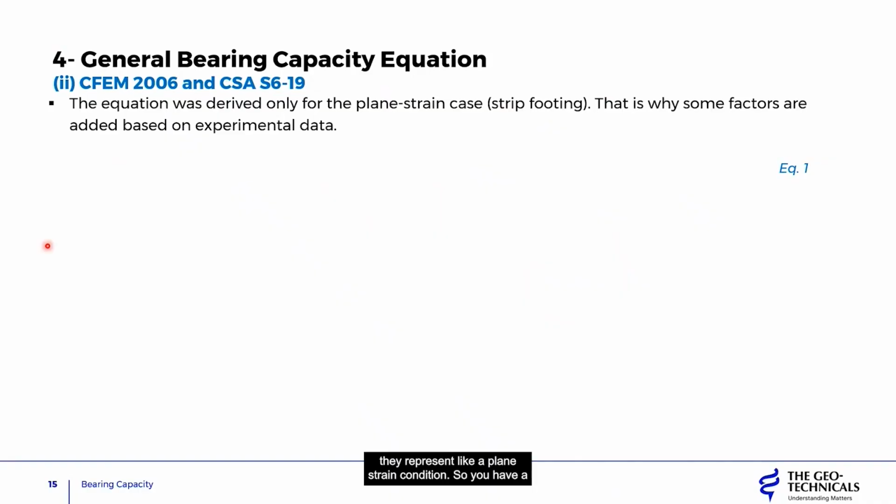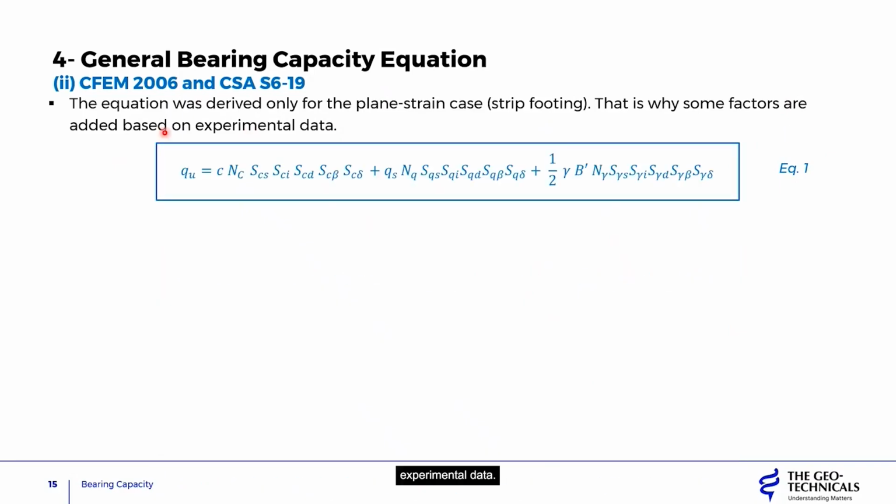So you have all the deformation along this plane, and you don't assume deformation perpendicular to this plane, or out of plane. That's why some other factors are added based on experimental data.